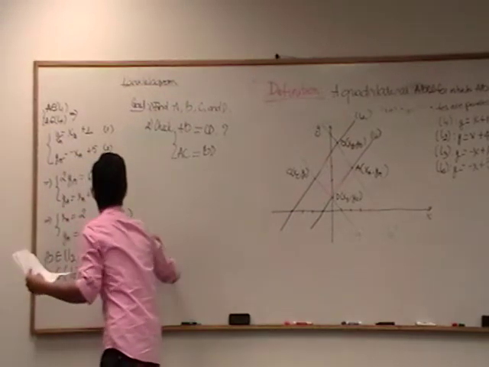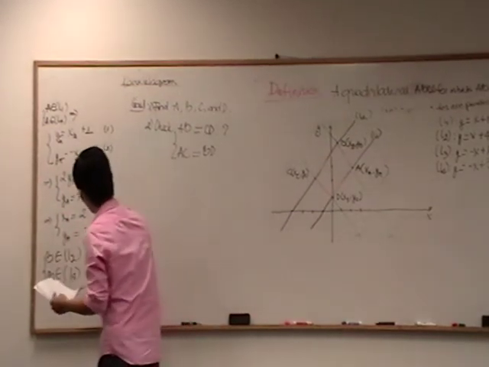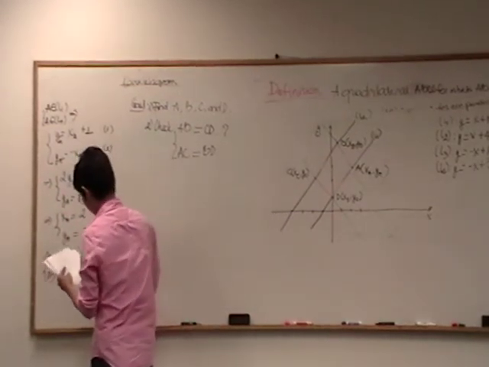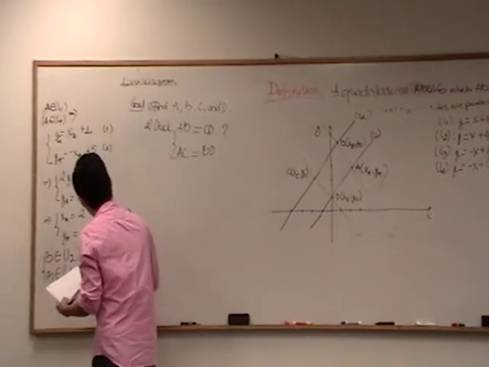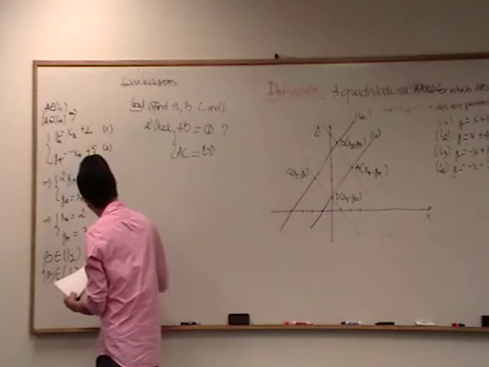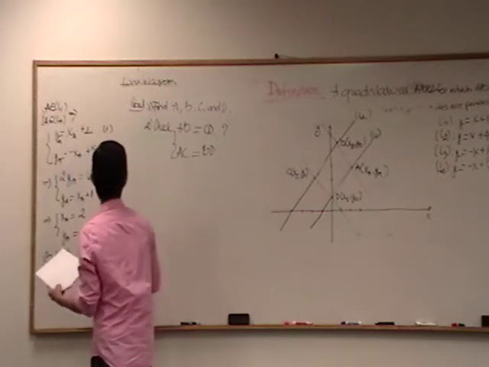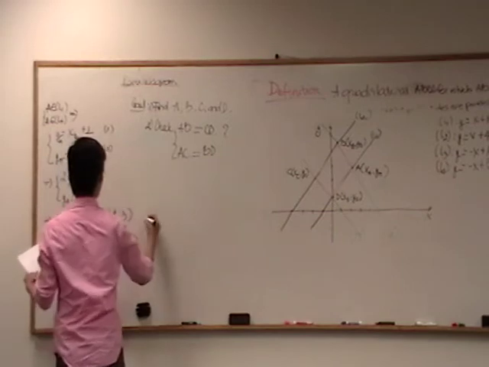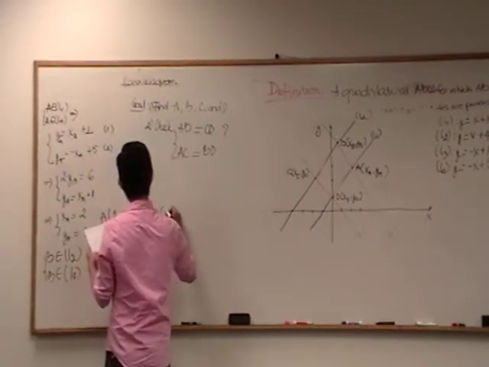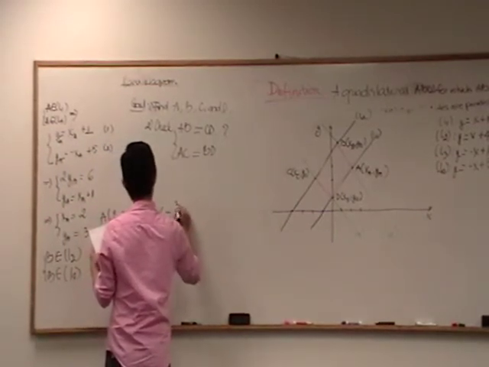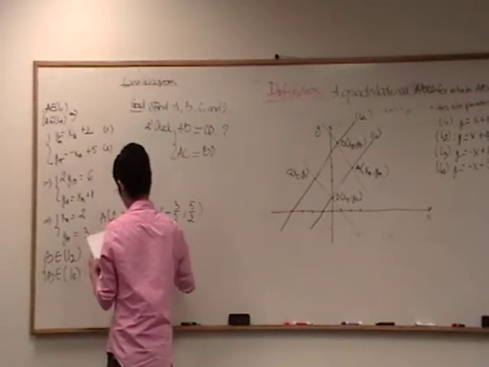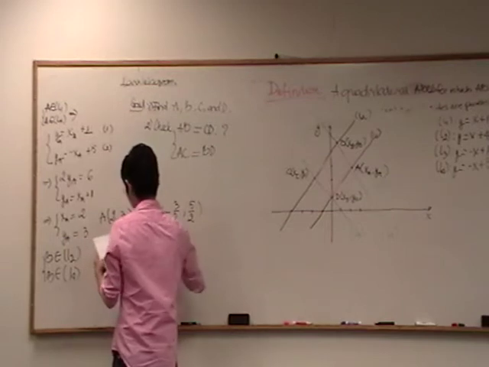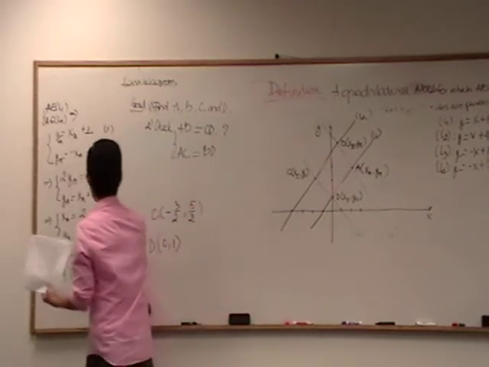So I have the solution here: B equals 1/2 and 9/2. And then we have C equal minus 3/2 and 5/2. And D equal 0, 1. So that's what we have so far.